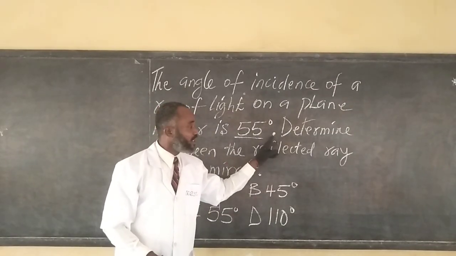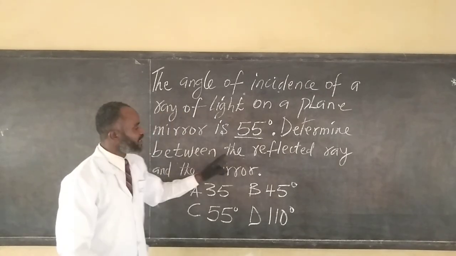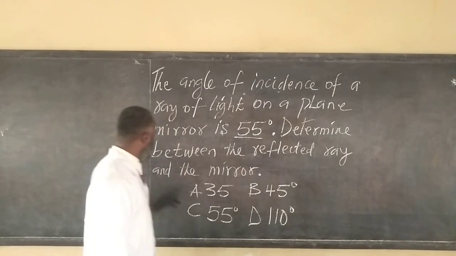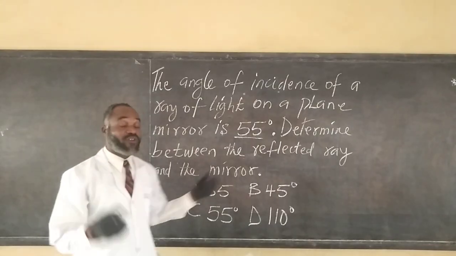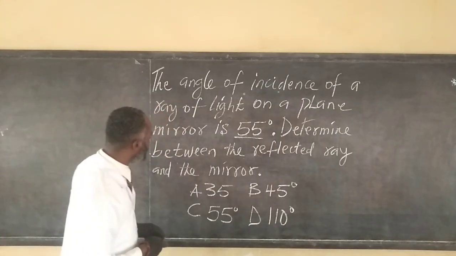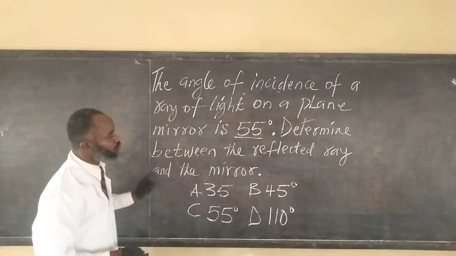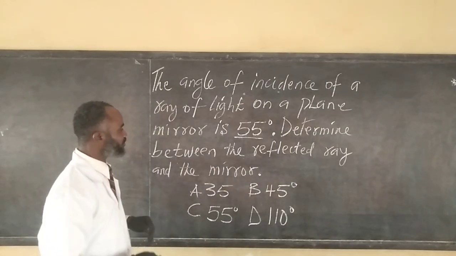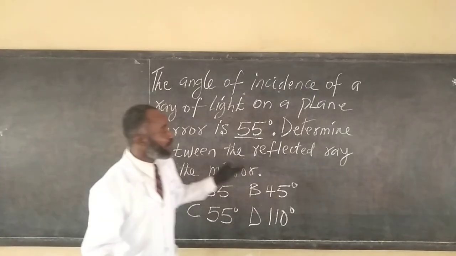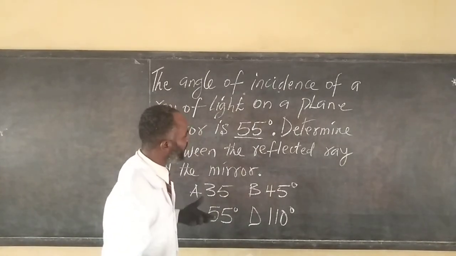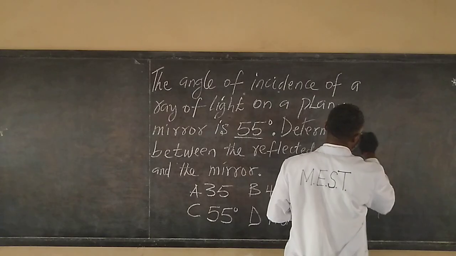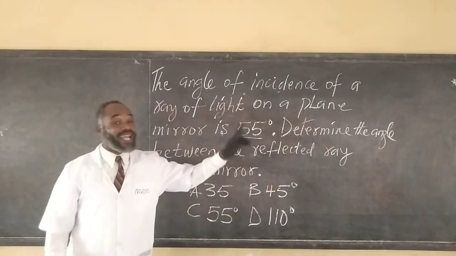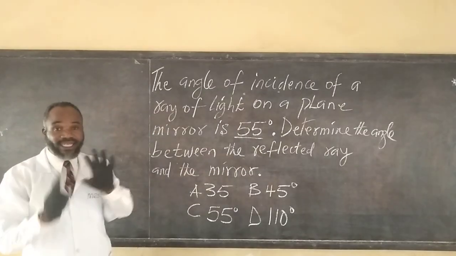The angle of incidence of a ray of light on a plane mirror is 55 degrees. Determine the angle between the reflected ray and the mirror. Let's take it again.